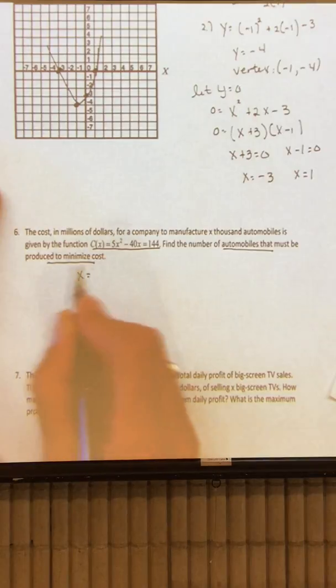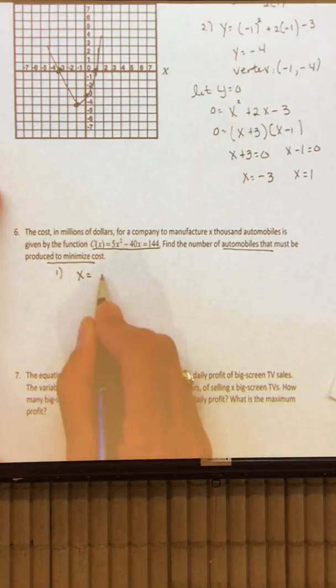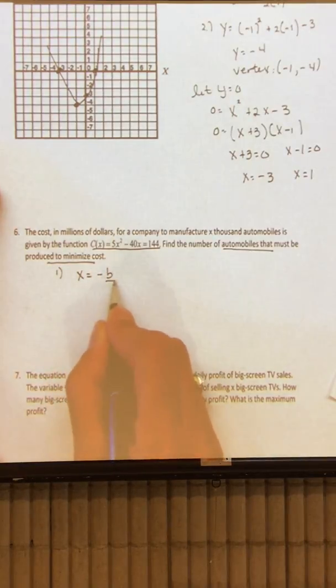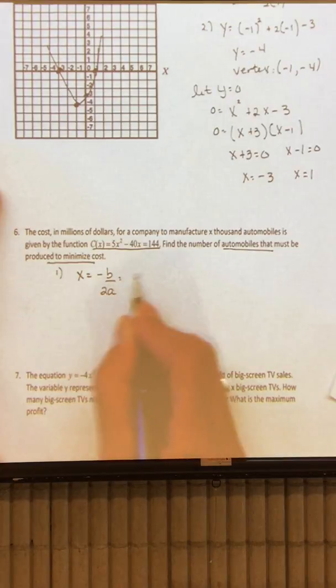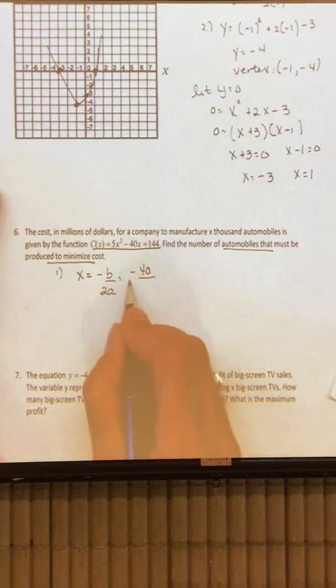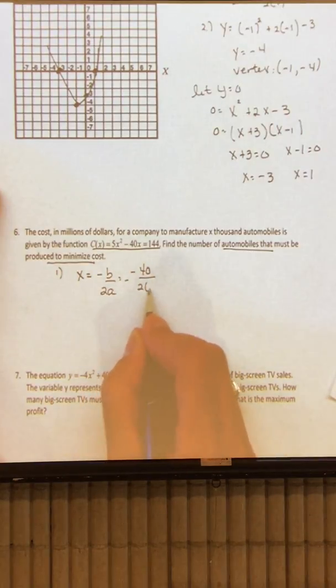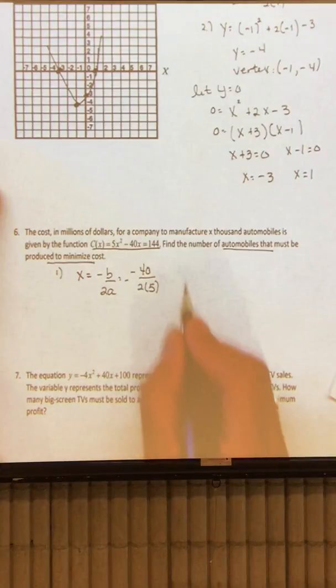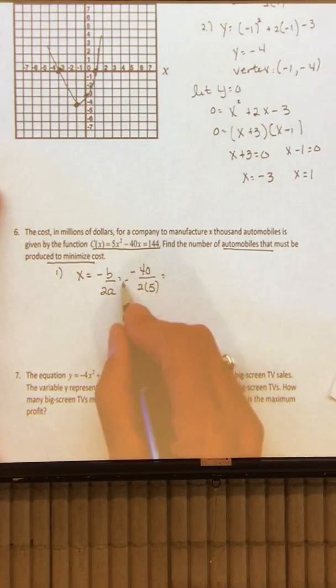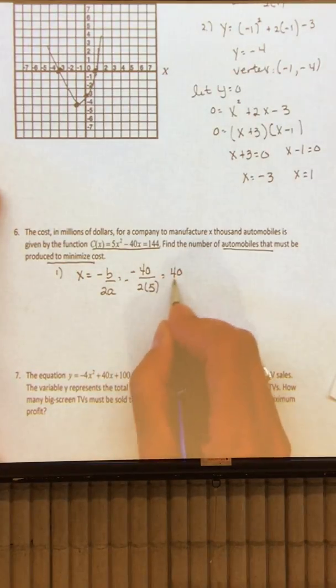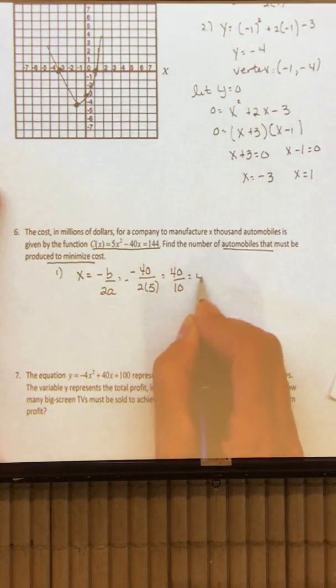Therefore, we have to solve for x. So we're solving for x. We plug in the numbers of b. b is negative 40 divided by 2 times a. So negative 40, negative times a negative is a positive. 40 divided by 10 is equal to 4.